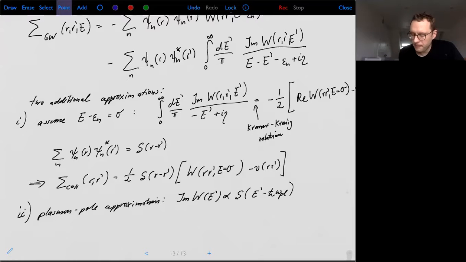I mean, they're slowly disappearing because nowadays it's often possible to just evaluate this energy integral without additional approximation. But even a couple of years back, most GW calculations would invoke a sort of plasmon pole model to simplify this energy integral.